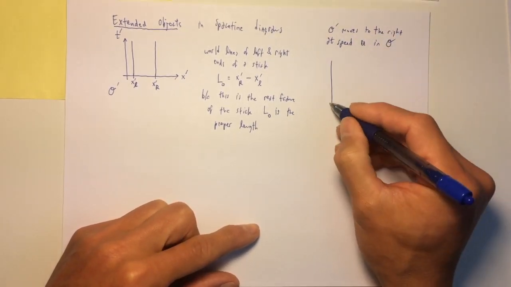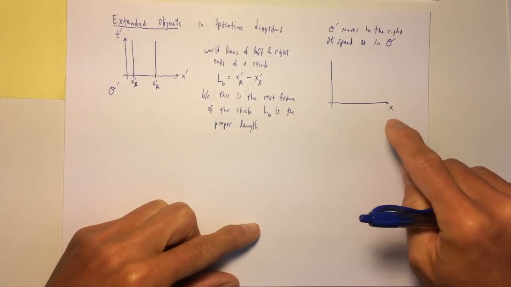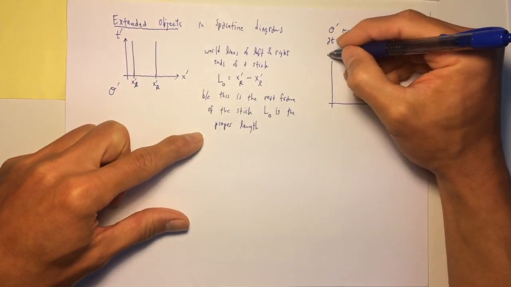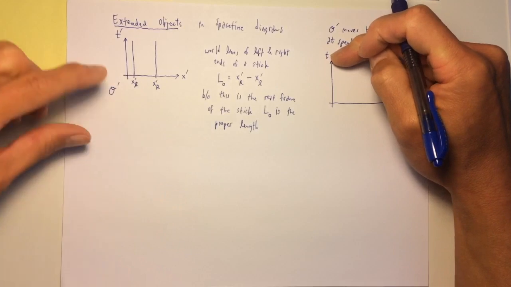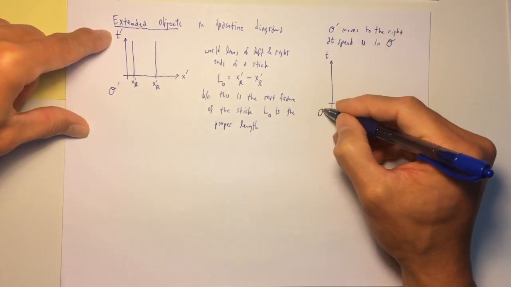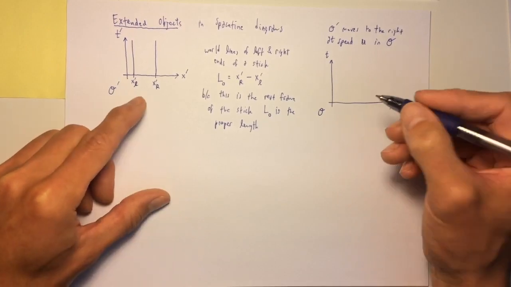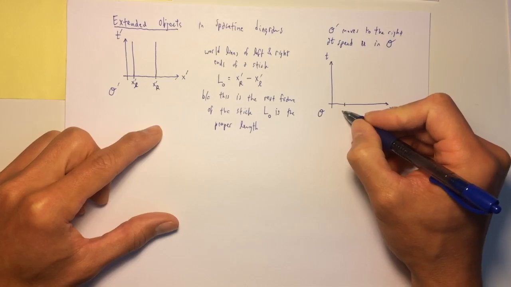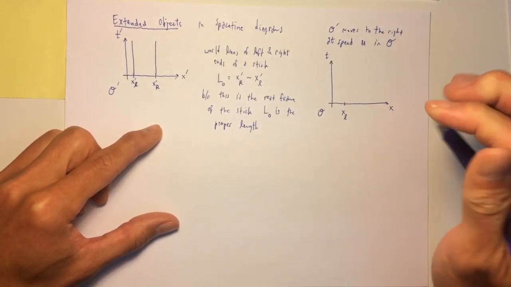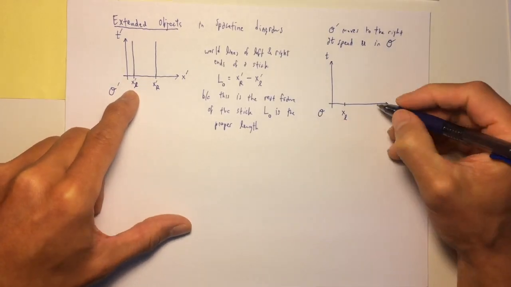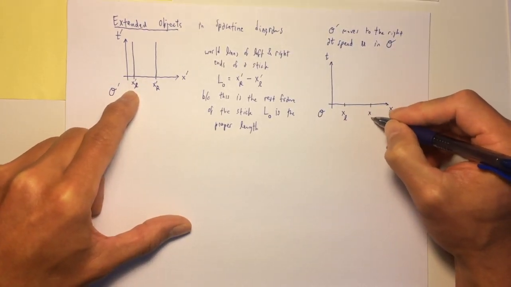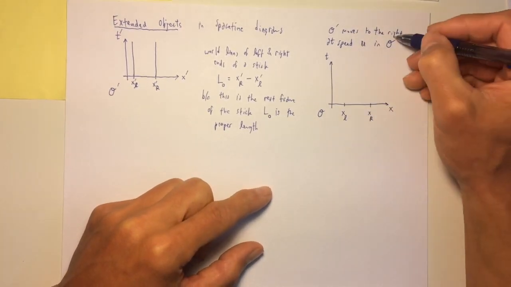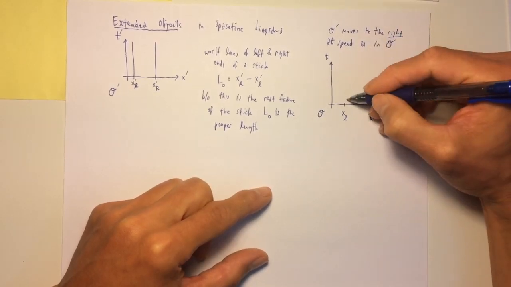So let me draw. Notice that this is x, that's x prime, so they're different. And this is t, and that's t prime. They're different. This is the observer O. And there is a moment in time where the stick has location x sub l, not x sub l prime, and this is x sub r, not x sub r prime, but the left end moves to the right at speed u.